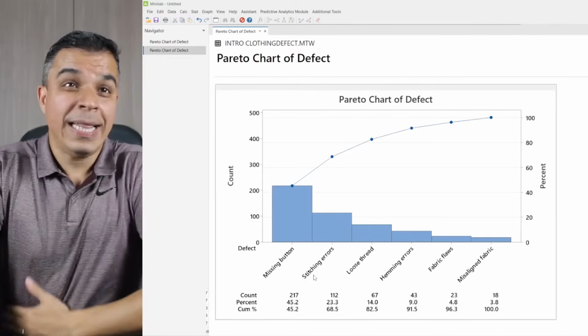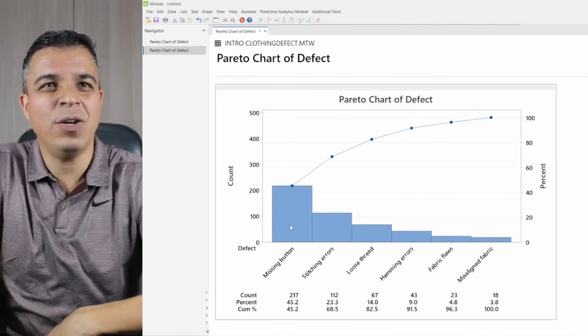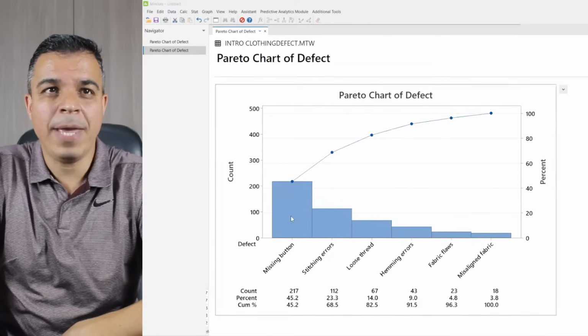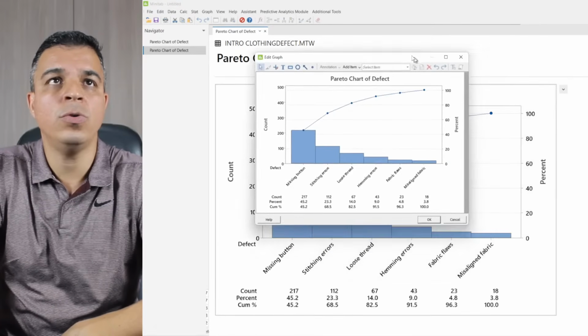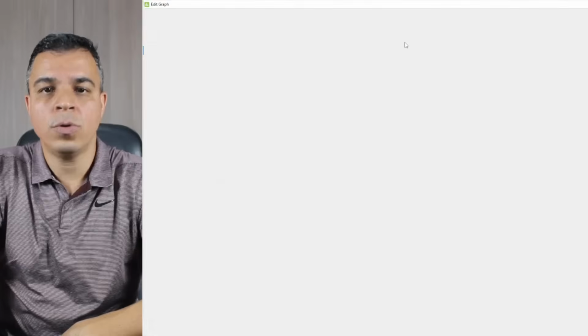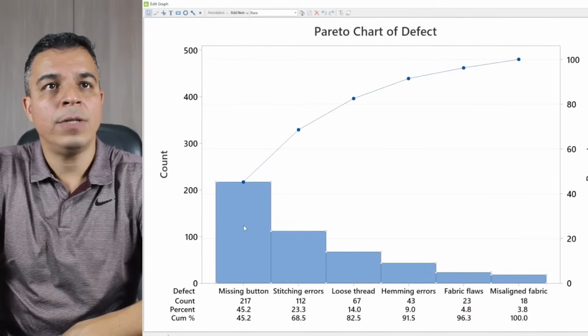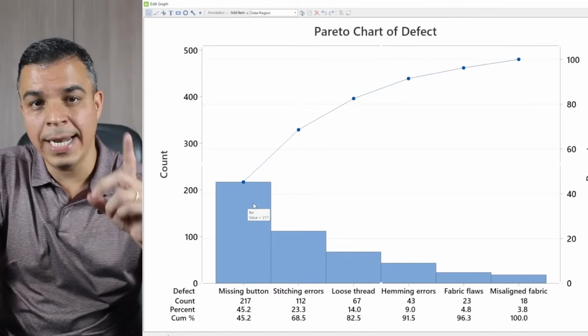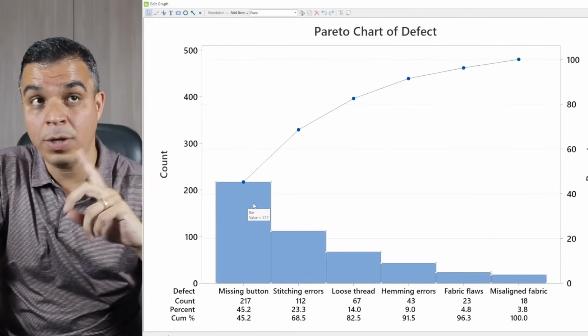Yeah, there is some cosmetic improvement that you can make here, just in case you want to. Let me see. If you want, for example, to change the color, if you click once, then you select all the bars.